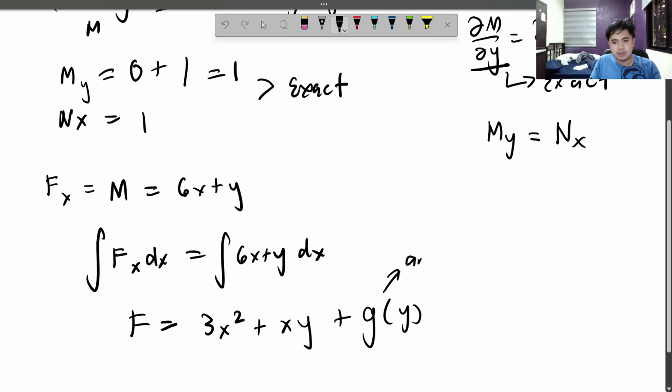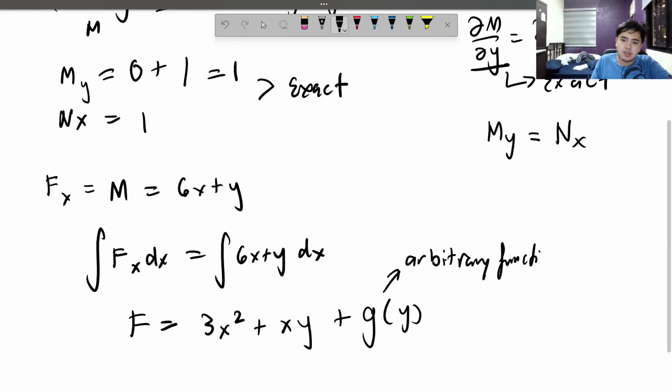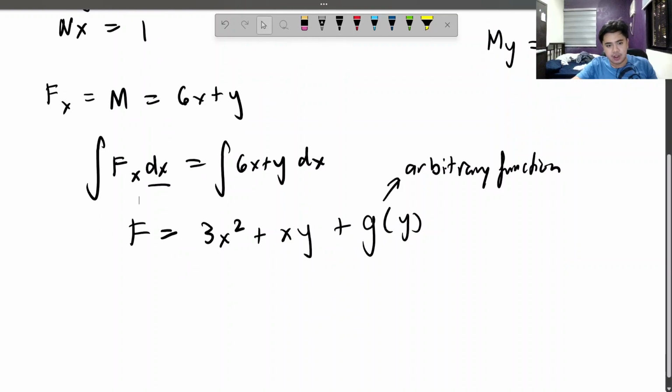Why do I have to add an arbitrary function? Well, because this is just dx, and this is a multivariable problem. If we didn't have this arbitrary function, if it were just plus c, it would be incomplete, because any function of just y is going to be zero when partially differentiated with respect to x. So we need to add a g of y here.